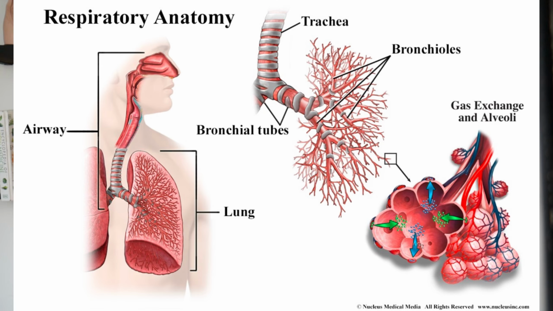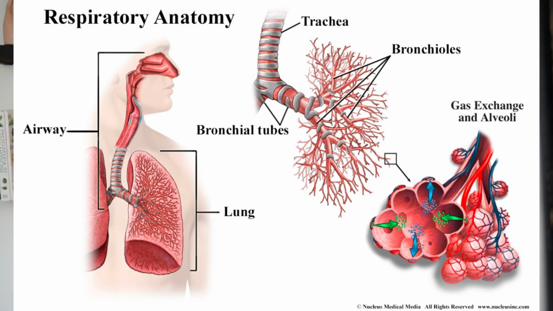These airways within us look like a tree, with branches that come out. It has the trunk, which is the trachea or our windpipe, and then it has the branches: the bronchi, the bronchioles, the alveoli.